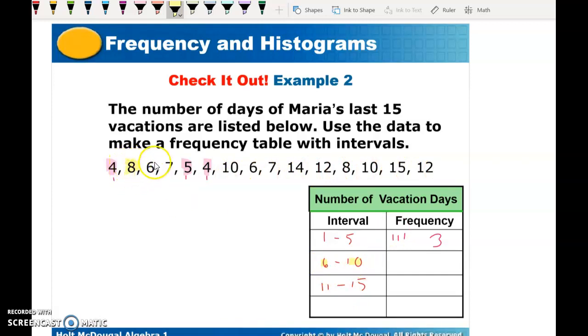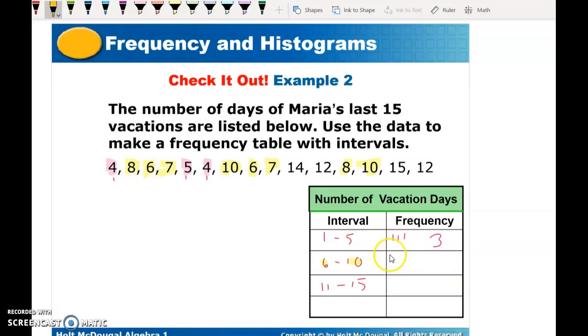So we've got 8, 6, 7, 10, 6, 7, no. Whoops, 8 again, 10 again. So this looks like a pretty big interval. Let's count how many times that happened, and we want to put our little marks here.